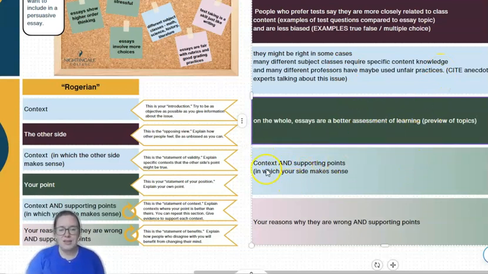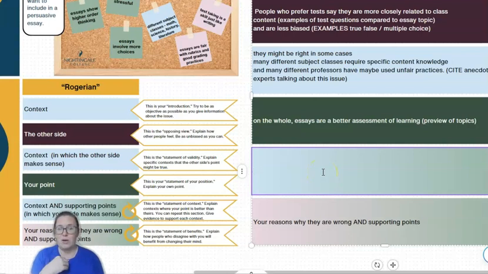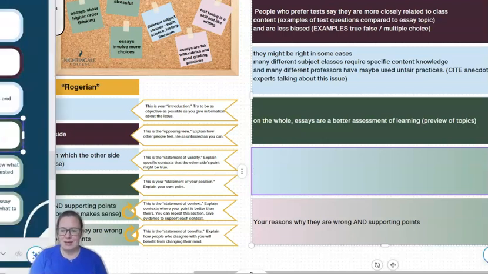And so the context I'm going to talk about is that I'm going to speak specifically about a context where my point is right. I'm going to talk about that we learn better through essays and that the skills we learn are more important than the skills that test taking has.